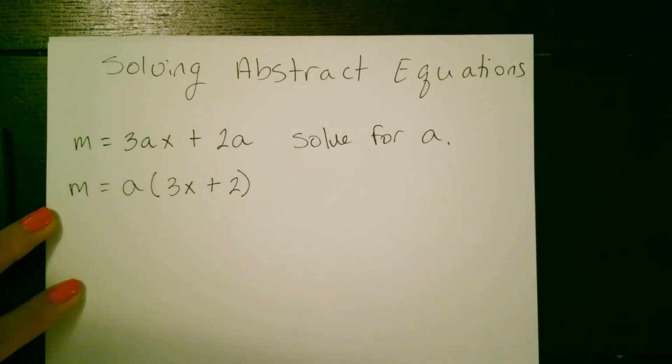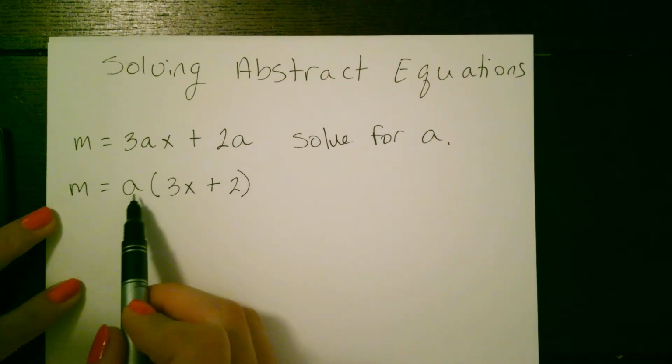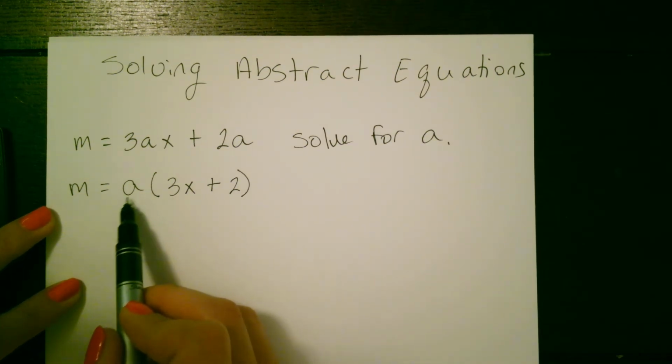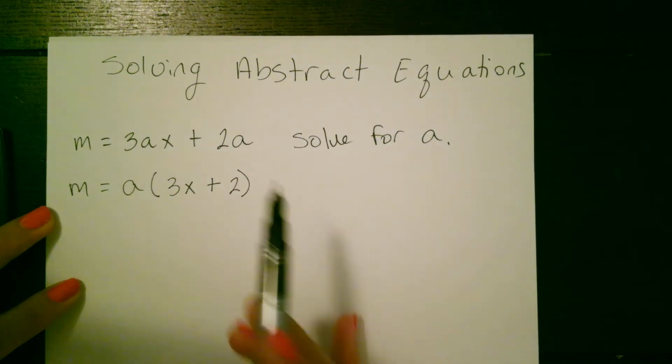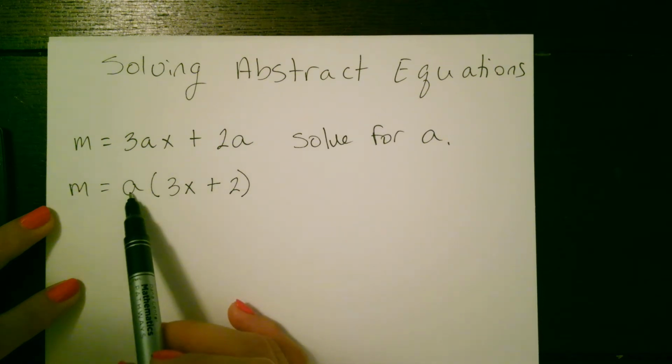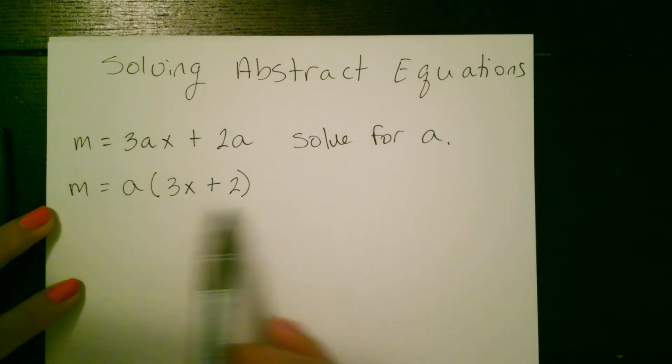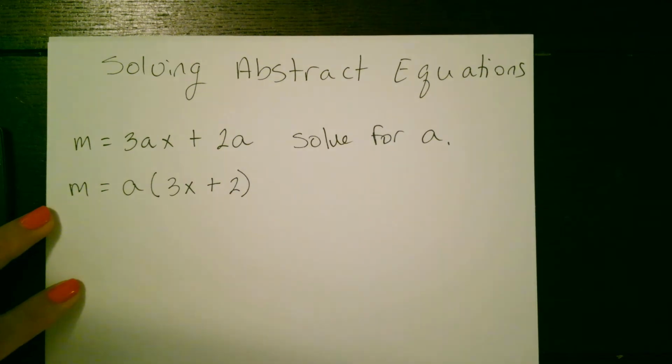me 2. And now I've whittled it down to just have a single a, and I need to get that a all by itself. And remember, we're going to look at everything else in the problem like just another number. So we have a times this number, and I want to get a all by itself.